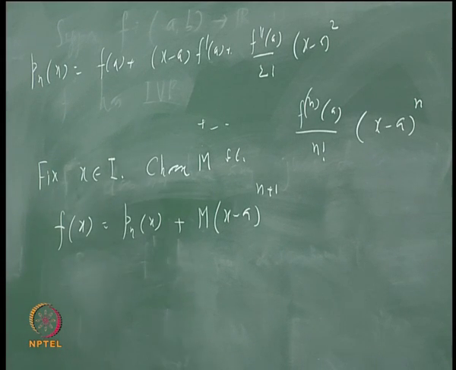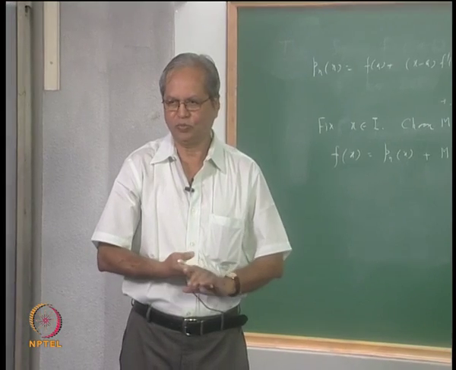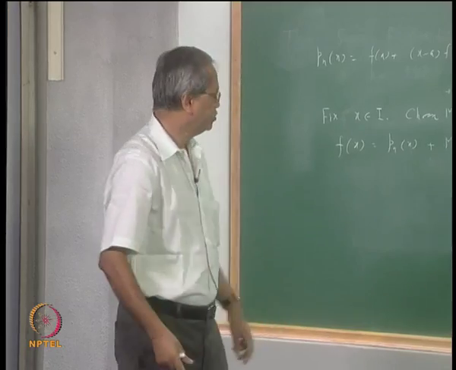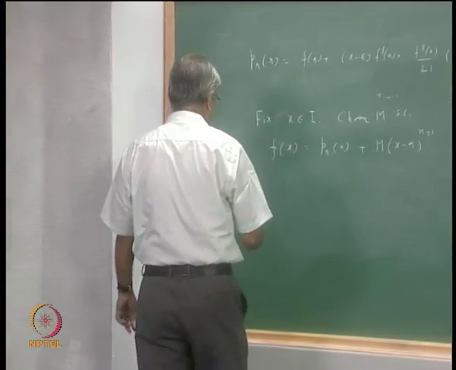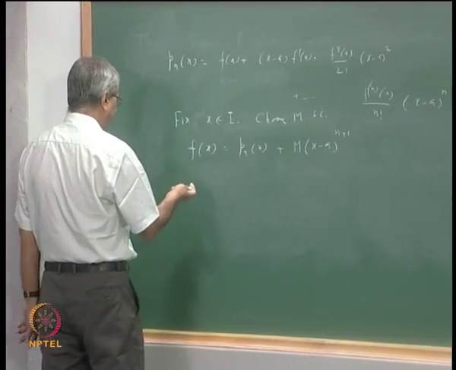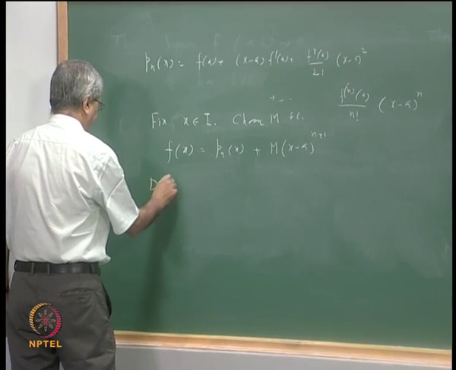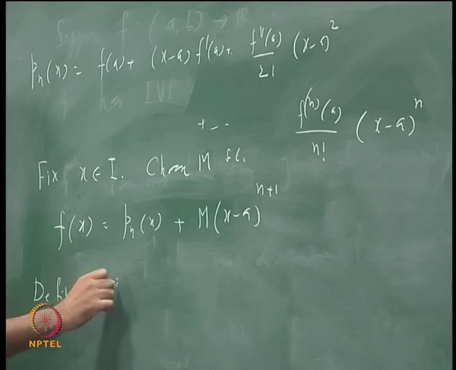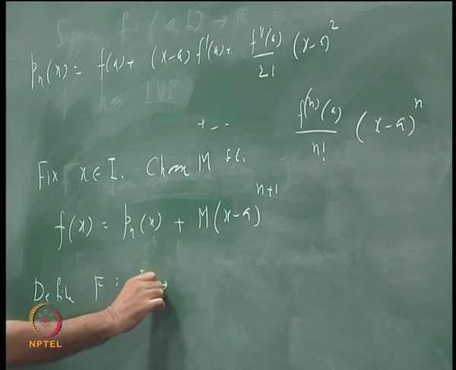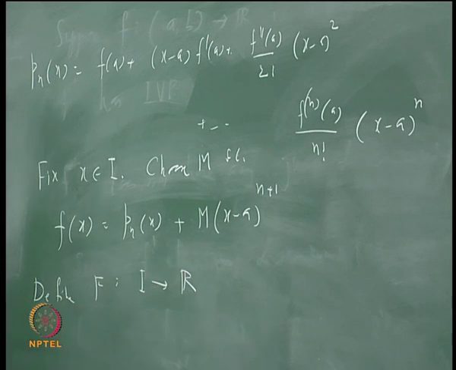What we did there was that we constructed an auxiliary function and applied Rolle's theorem or mean value theorem to that function. So now we will define an auxiliary function. Suppose I call that auxiliary function big F, define big F from I to R as follows.